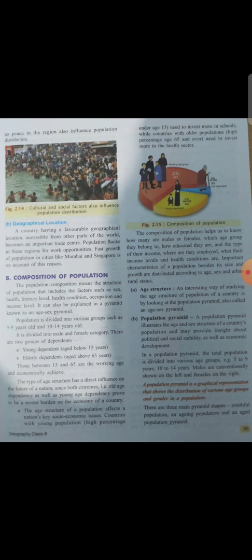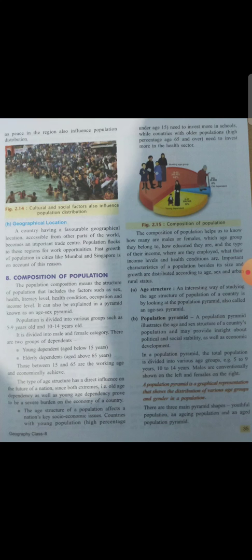The composition of population helps us to know how many are males or females, which age group they belong to, how educated they are, the type of their income, where they are employed, and what their income levels and health conditions are.